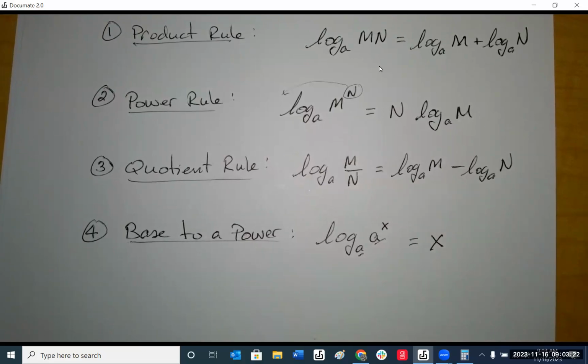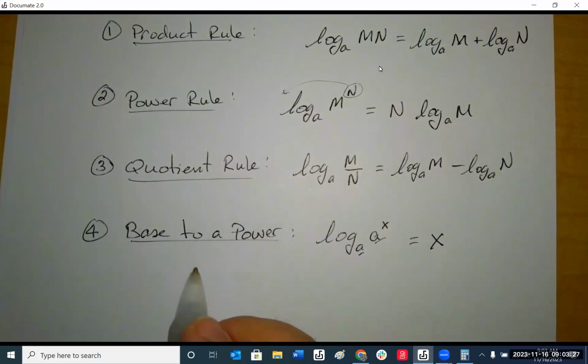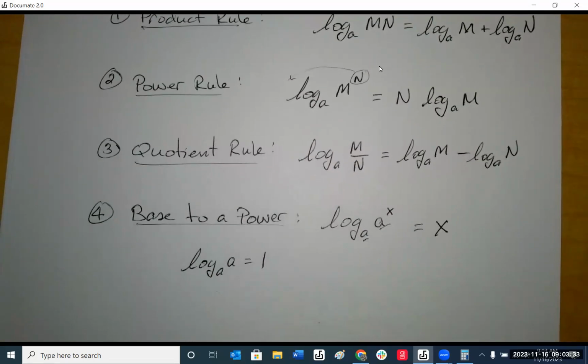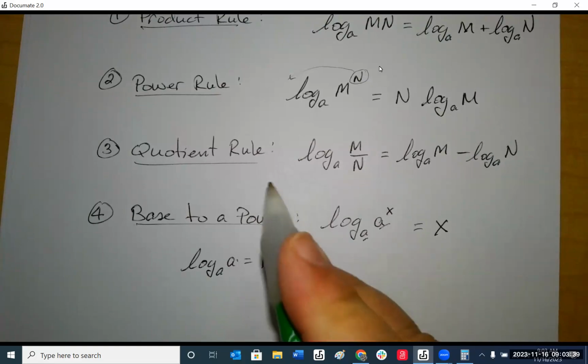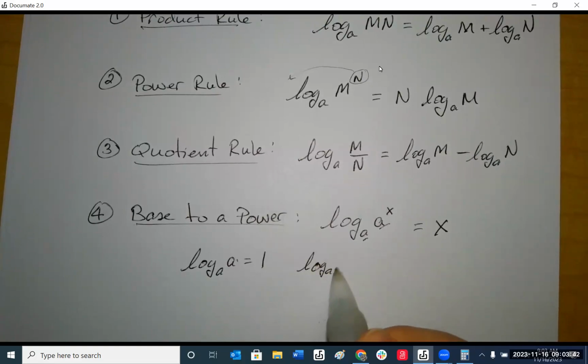This is actually a carryover of two separate rules. We learned last section that log base a of a is equal to 1. We learned in the power rule that if you have an exponent, it goes out in front.